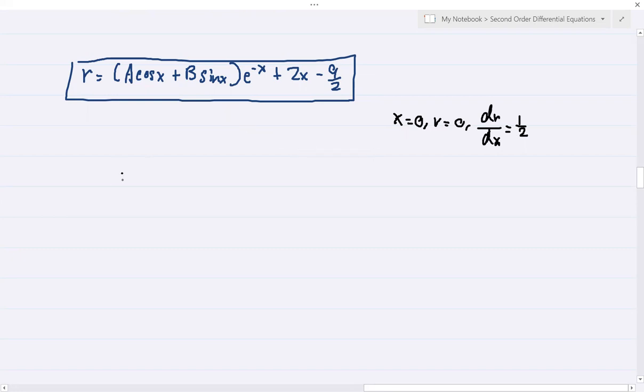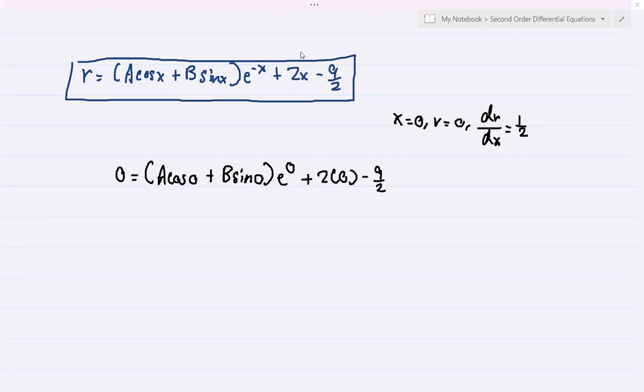So your r is 0, which is equal to a times cosine of 0 plus b times sine of 0, times e raised to negative 0, or just simply 0, because negative times 0 is still 0, plus 2 times 0 minus 9 all over 2. So let's simplify.